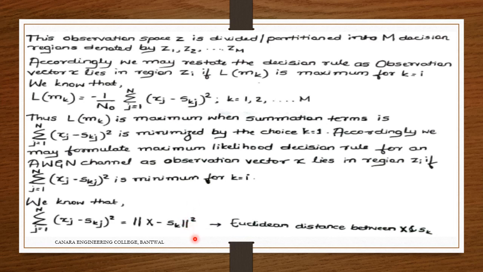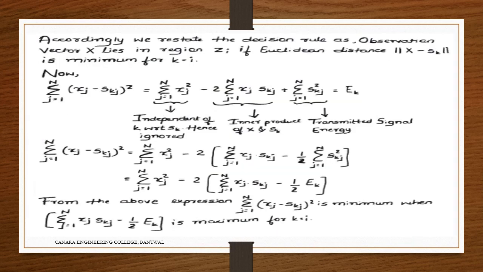This is nothing but the Euclidean distance between capital X and sk. Accordingly, we restate the decision rule as: observation vector capital X lies in region Zi if the Euclidean distance, norm of x minus sk, is minimum for k equals i.